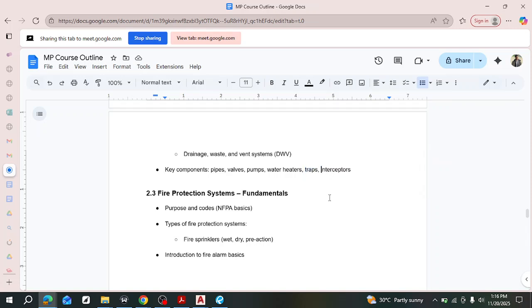Then there's what they call interceptors. These are grease interceptors. Grease interceptors are mostly in commercial kitchens. They capture grease, which is thick oil, usually a byproduct of cooking. If you let it into the main sewage line, it could clog up those pipes and cause a major issue.